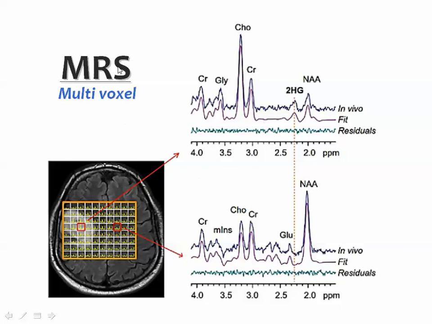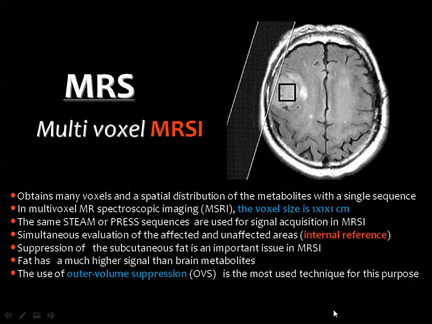This is what I mean by the multivoxel technique: what looks like a grid, and you put this whole area including the lesion and the adjacent brain tissue. Then you can select the sampling from any of these voxels, here at the central part of the tumor, or in the normal brain tissue. This is the normal brain spectrum, and this is the spectrum of the tumor, as I will explain.